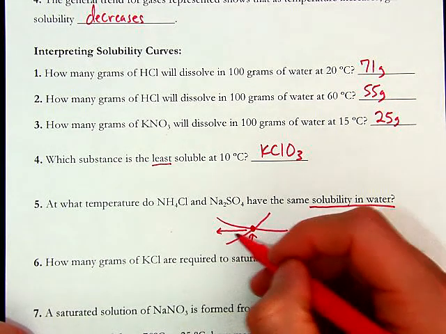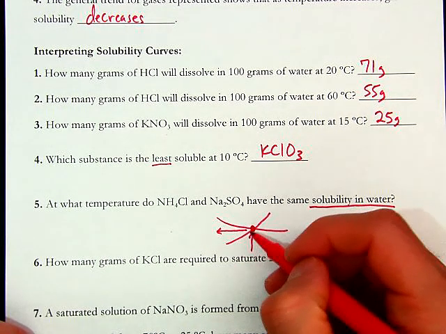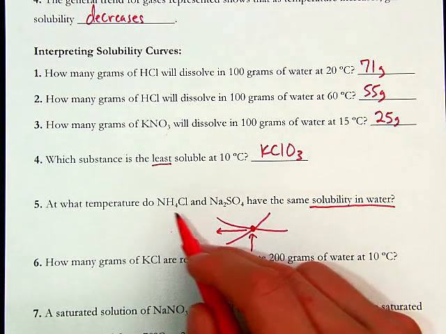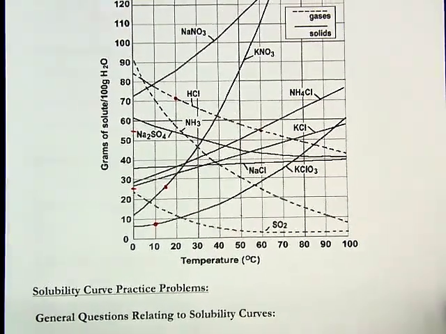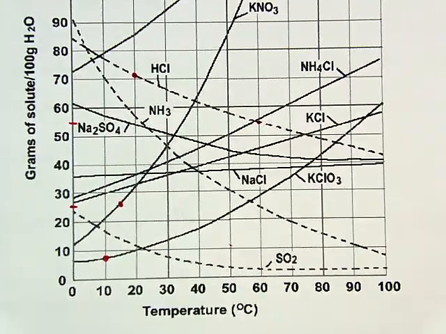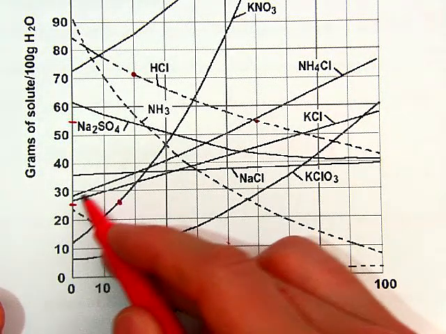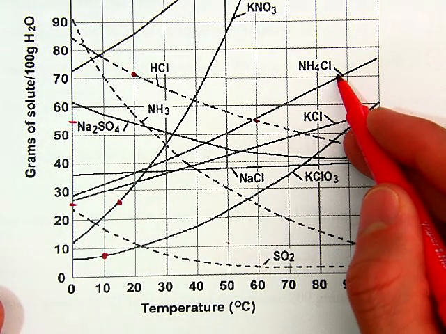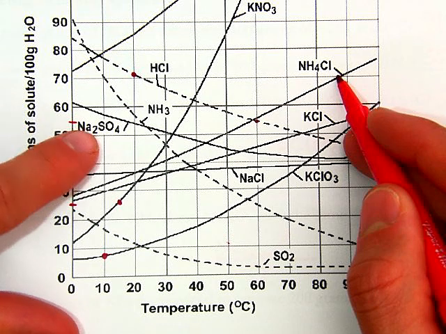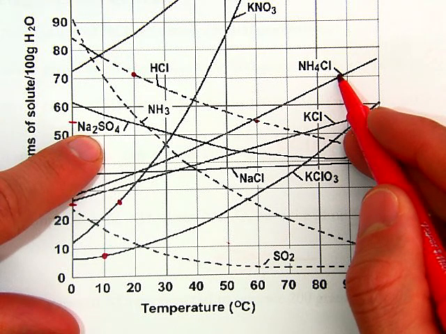So we just need to see where those two lines cross. So NH4Cl and Na2SO4. Okay, let's find them on here. Here's NH4Cl, this line, and the other one's Na2SO4, which is here.